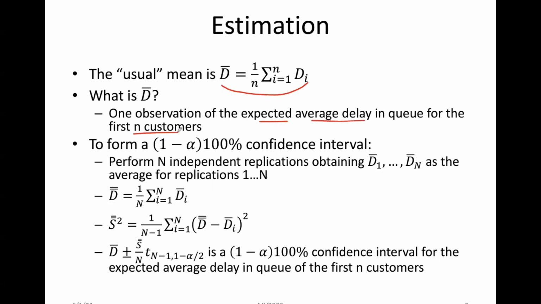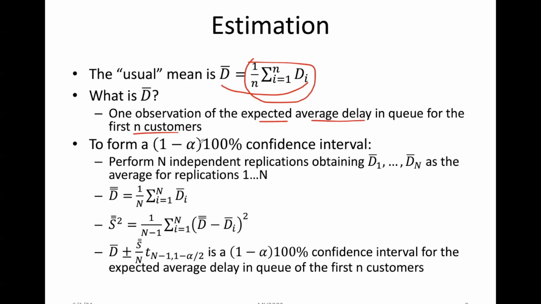So one replication of the simulation gives us one observation of the expected average delay in the queue for the first n customers. Notice the two modifiers, expected average delay. Why? Because what we're measuring is the average delay, and the parameter we're trying to estimate is the expected value of that.